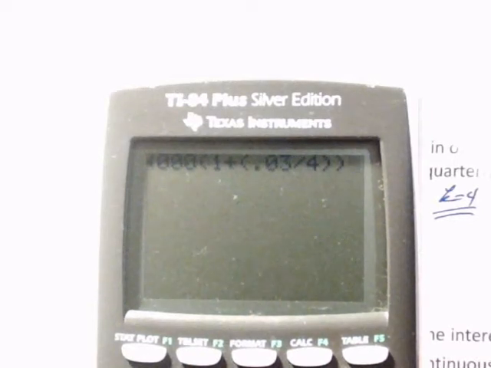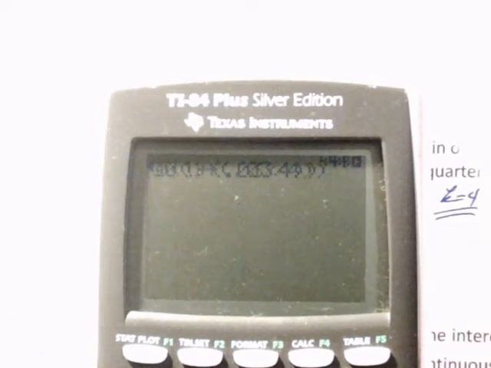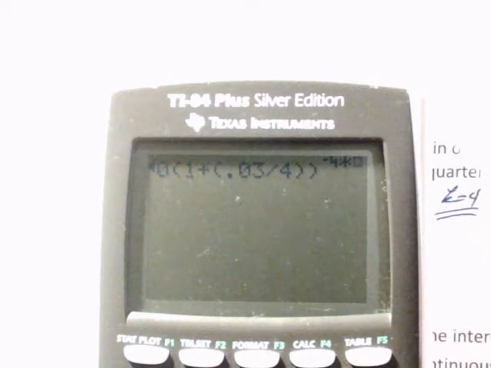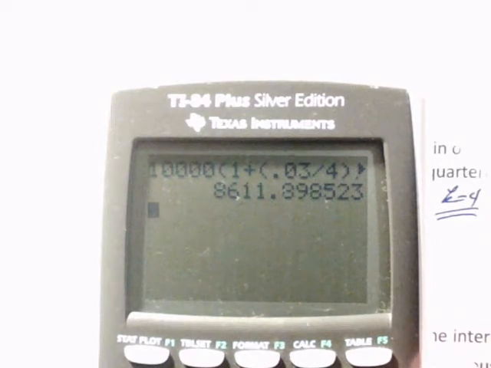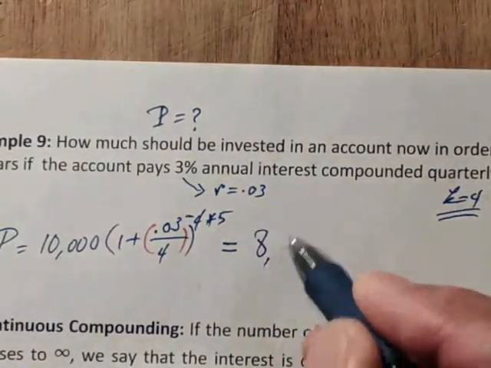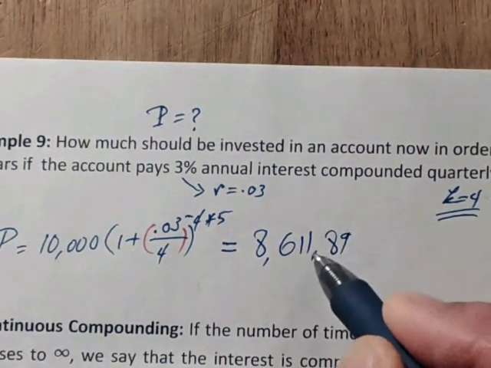Close the inside and close the outside parentheses to power 4 times 5 years. Of course, I forgot my negative. So negative 4 times 5. Say enter. So $8,611.89. Okay.